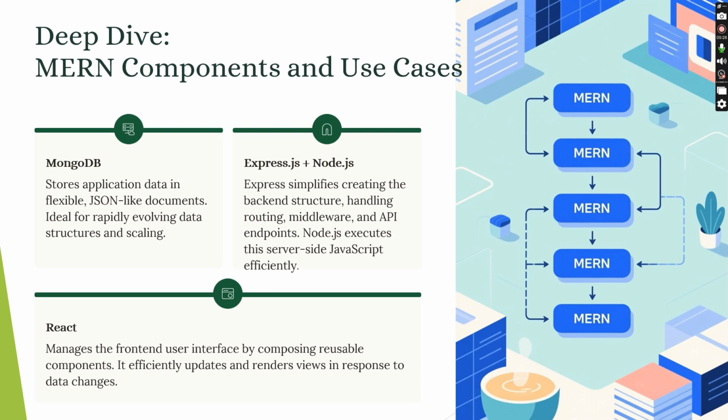Express.js simplifies creating the backend structure, handling routing, middleware, and API endpoints. Then Node.js executes server-side JavaScript efficiently. Then see React. Basically, React manages the front-end user interface by composing reusable components. It efficiently updates and renders views in response to data changes.